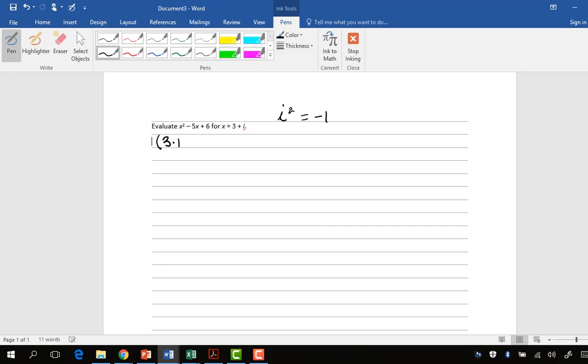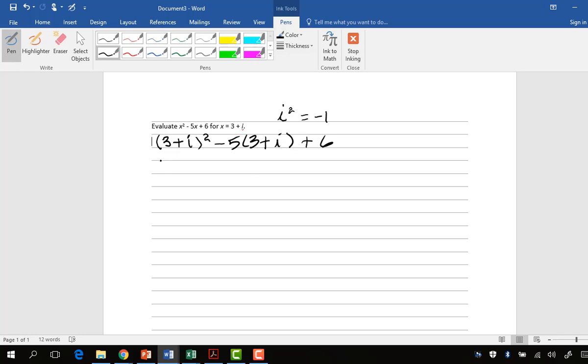So we're going to be squaring 3 plus i, subtracting 5 times 3 plus i, and then adding 6. Notice this is x squared minus 5x plus 6, where we have replaced x with 3 plus i.